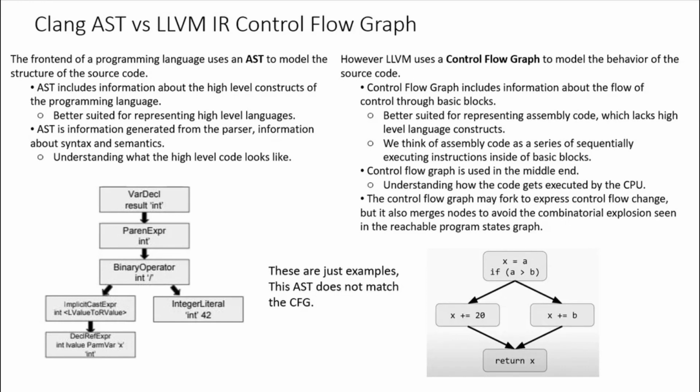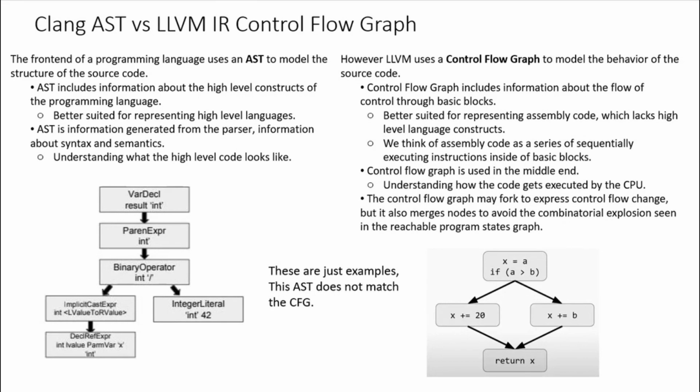We are representing assembly code, which lacks high-level constructs. And because we think of assembly code as a series of sequentially executing instructions inside of basic blocks instead of these complicated trees of nested expressions, we are using specifically the control flow graph data structure.